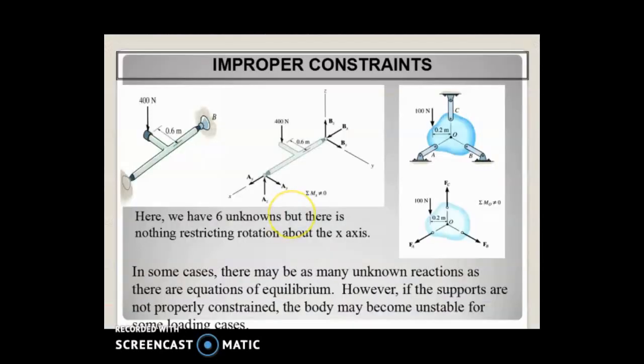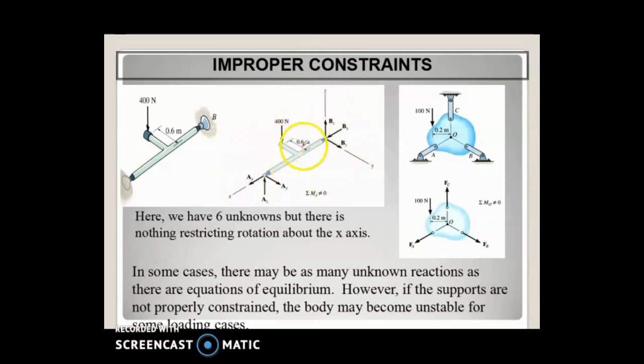In 3D cases, there are also conditions that we call improper constraint. Okay, improper constraint means that the structure is actually not in an equilibrium condition.